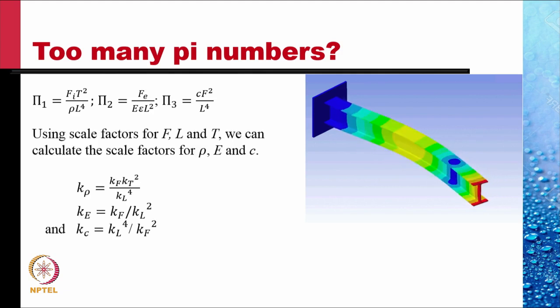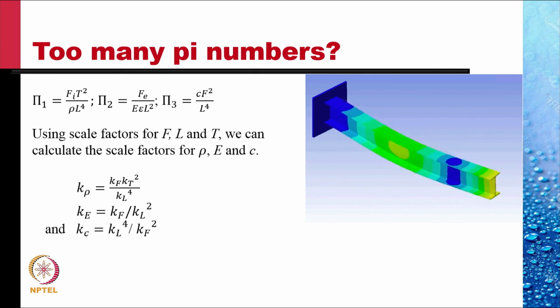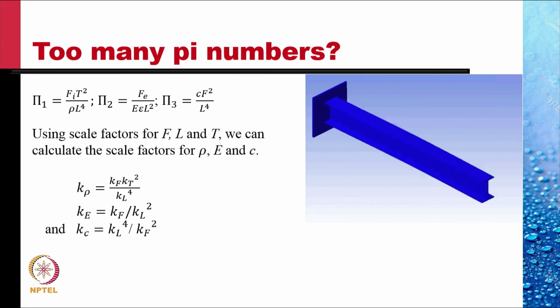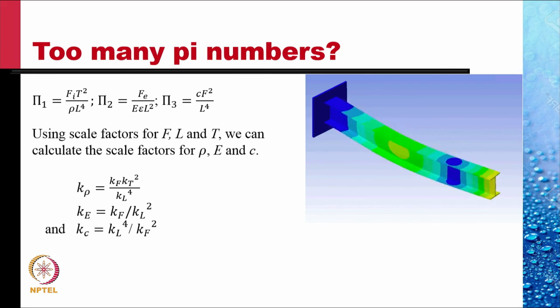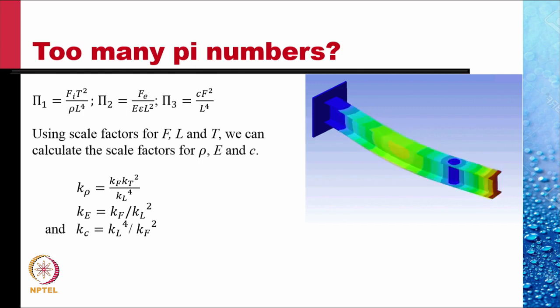Using scale factors F, L, and T, we can calculate the scale factors for density, elasticity, and the damping coefficient. K rho, the scale factor for density, turns out to be Kf Kt square divided by Kl raised to power 4 from the first one. For E, the elasticity, the scale factor is Kf divided by Kl squared.